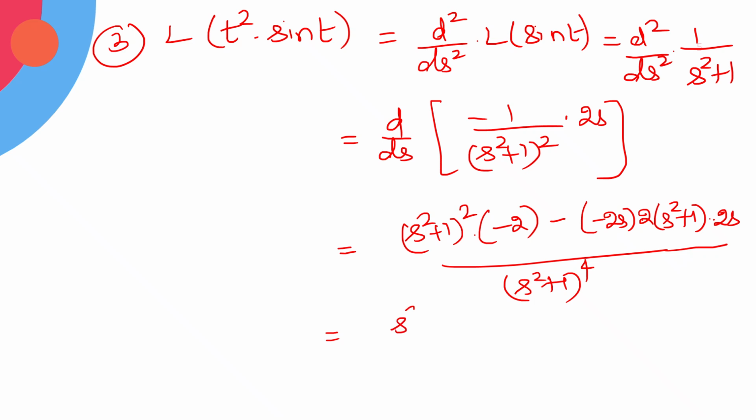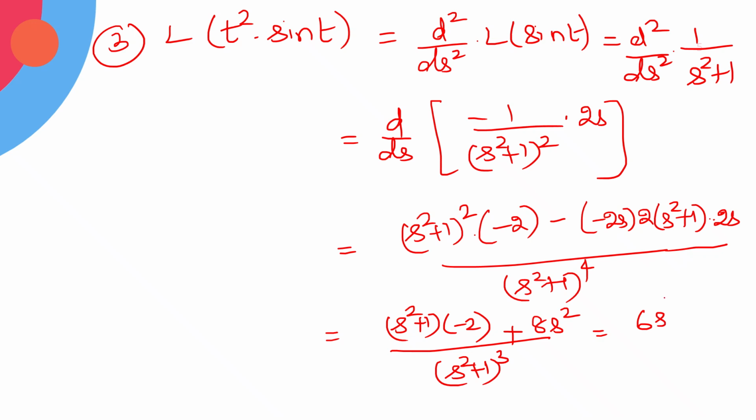So that we'll be having s square plus 1 into minus 2. Here it will be minus into minus will be plus. Here 2, 4 and 8. So it is 8s square divided by s square plus 1 the whole cube. So on simplification, here we'll be having 6s square minus 2 divided by s square plus 1 the whole cube.